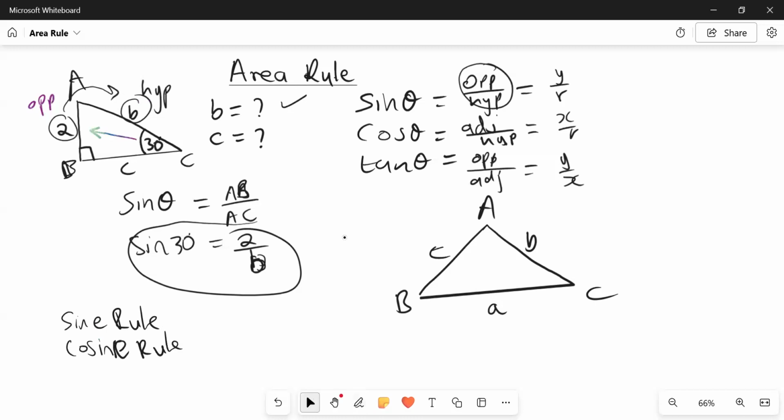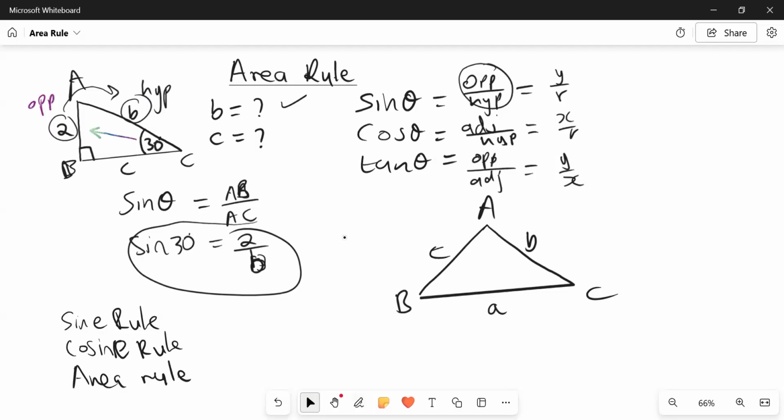And if maybe you're also looking for the area whereby you don't have a perpendicular height as well, we also use the area rule.